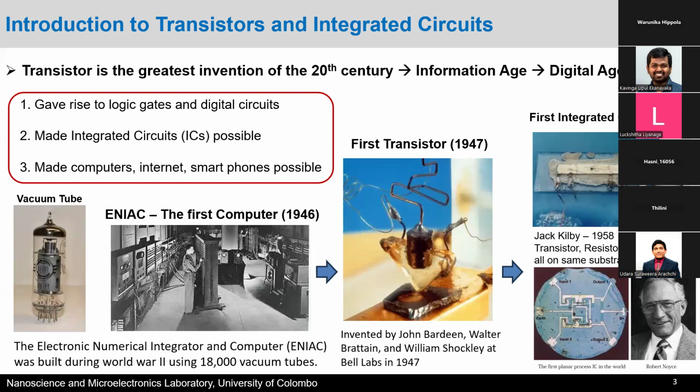So the integrated circuit, the IC, means that you have integrated the transistor, the resistor, the capacitors, and certain other elements on the same substrate, as you can see here, right? So these three gentlemen went on to win the Nobel Prize, and Jack Kilby also won the Nobel Prize for the invention of the integrated circuit.